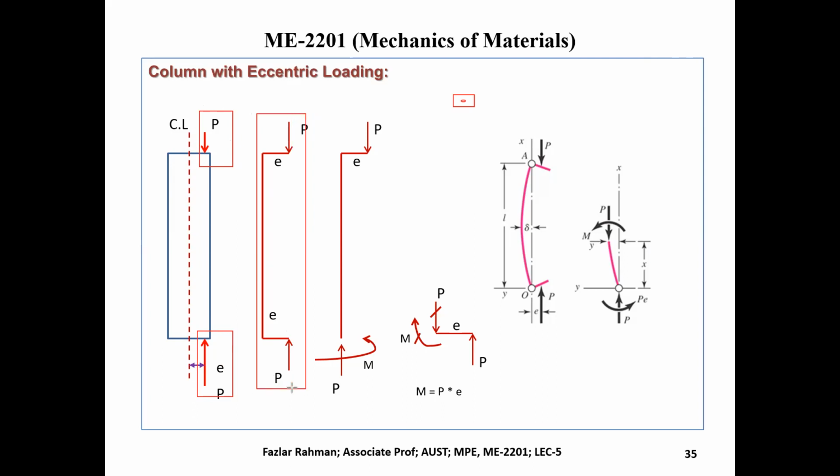We are saying this is the centroidal axis of the member, from here to here, and second, from here to here. This is the central axis, but we apply load over here. So instead of a straight structure, it is kind of C-shaped, just for a simplified view.